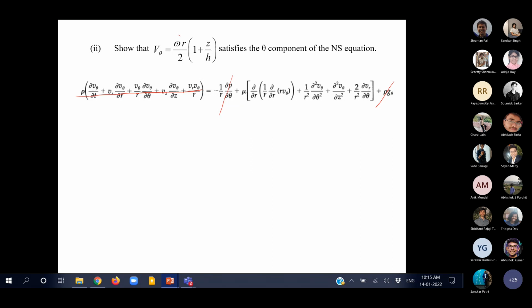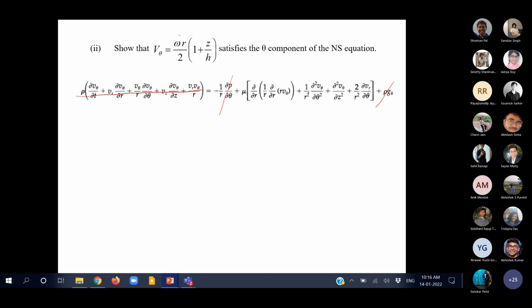Any other term which you think you can neglect? del square v theta by del theta square, the second term inside the third bracket.